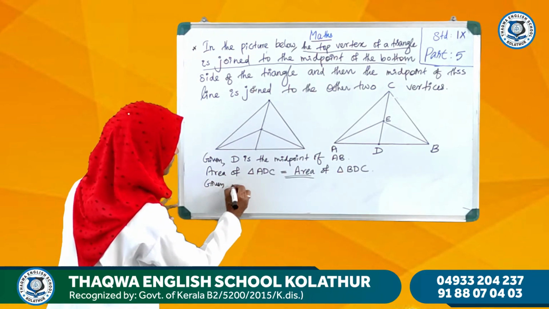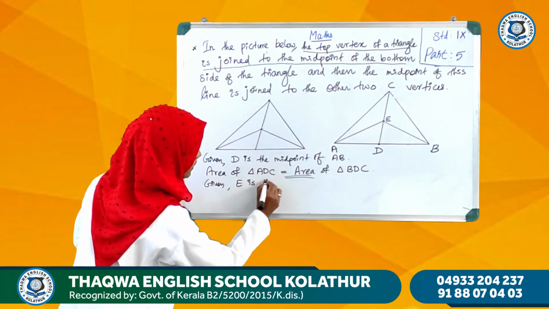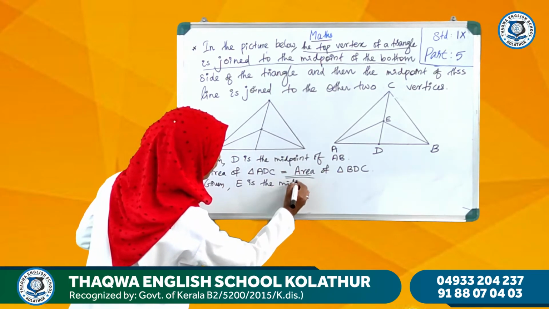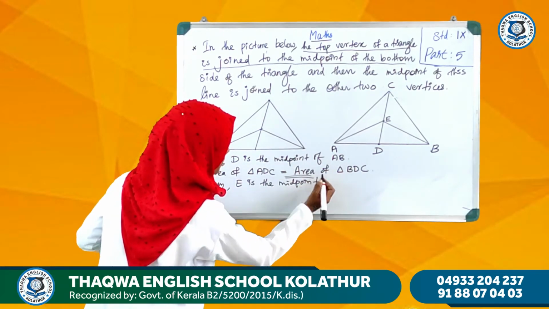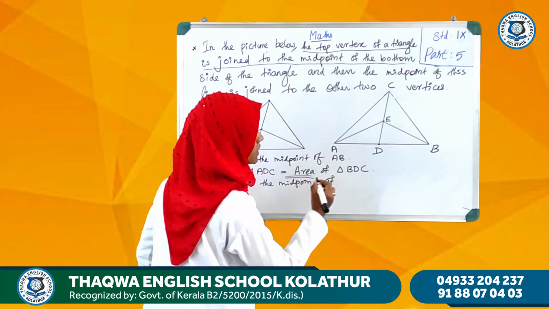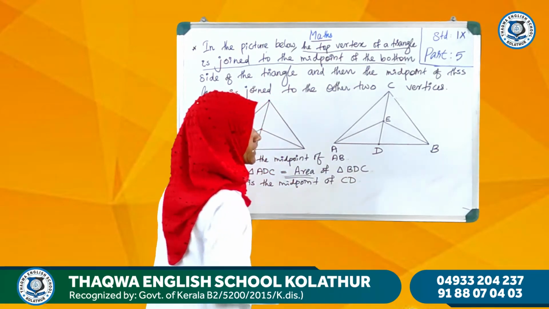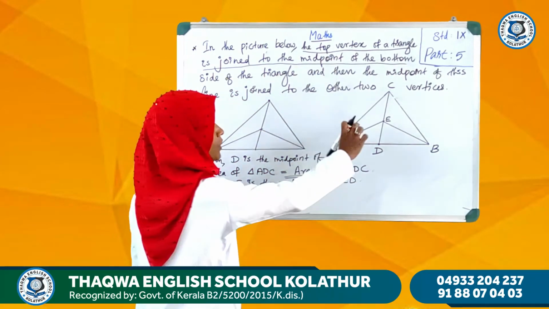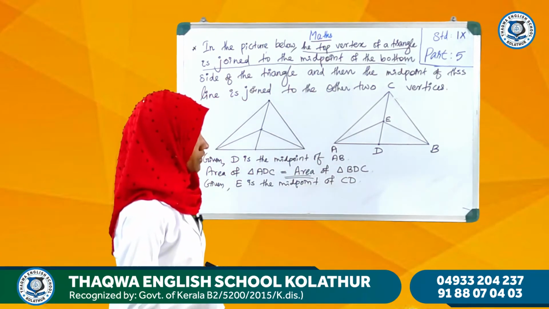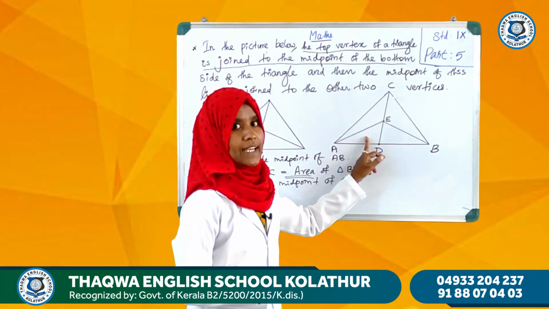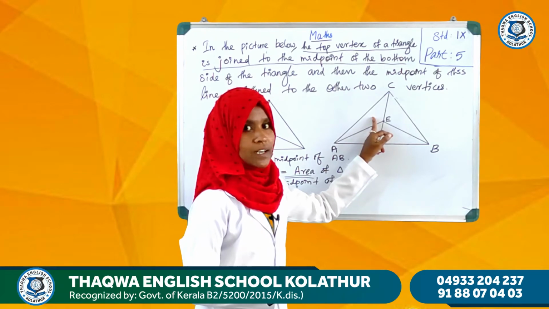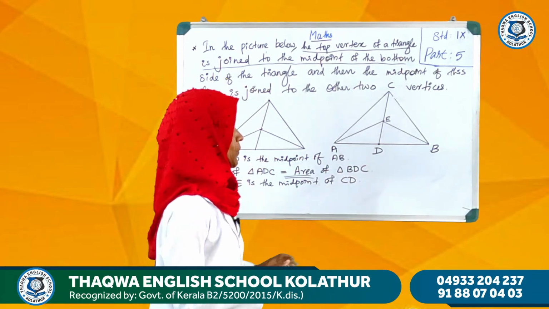Also given E is the midpoint of the line CD. From this we get area of triangle ADE equals area of triangle AEC.